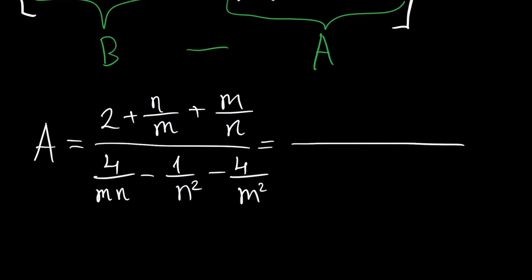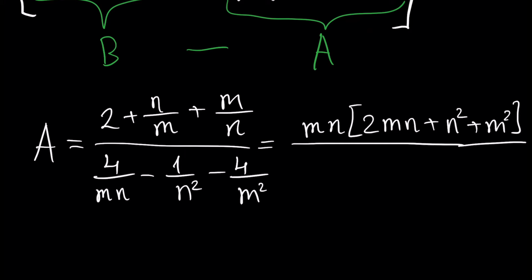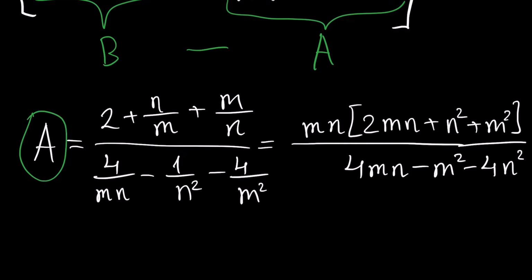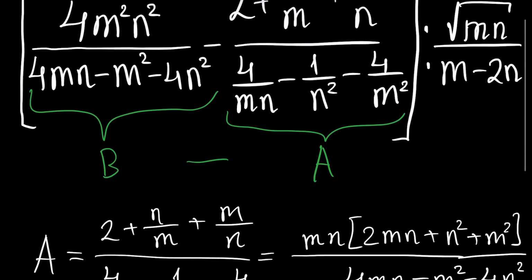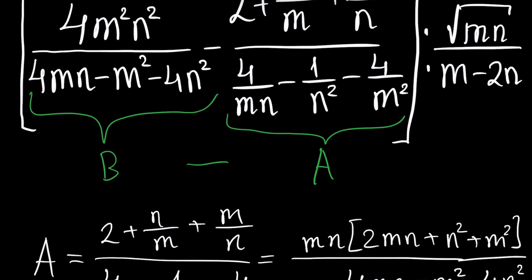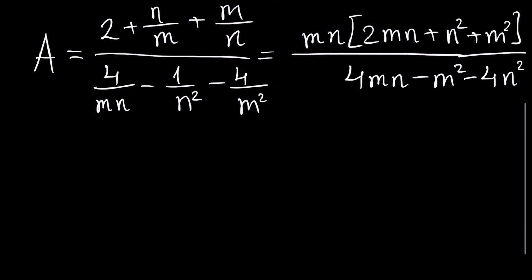This can be written as mn times (2mn plus n squared plus m squared) divided by (4mn minus m squared minus 4n squared). Now we see that after transformation of A, we have the denominator of fraction A the same as the denominator of B. And now we can perform subtraction and write what B minus A is.